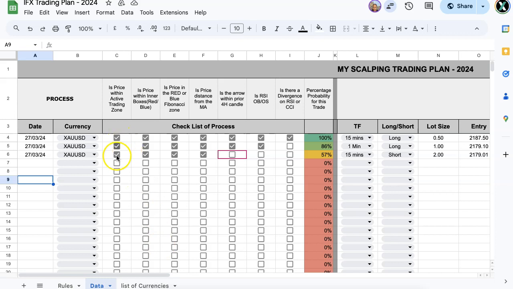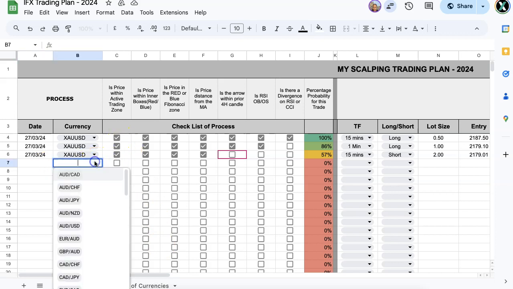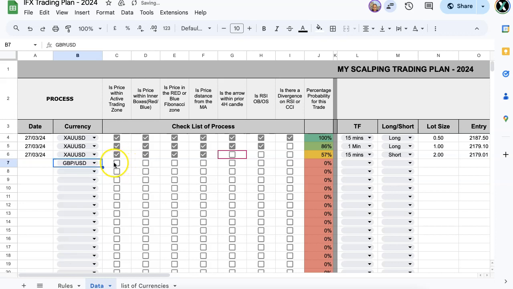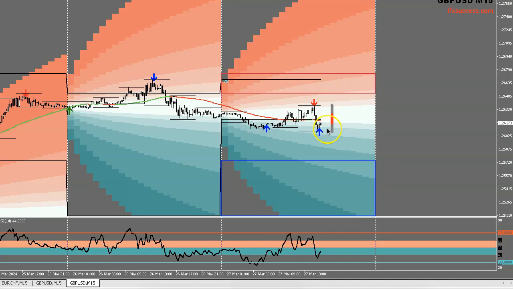So the first one, let's just say right now, we're looking at pound dollar. So I would just have to look for pound dollar in here somewhere. I'm pretty sure I can type it. So GBPUSD. So the first criteria was not met. This one, it is met, okay? Because why? We are in between these boxes.